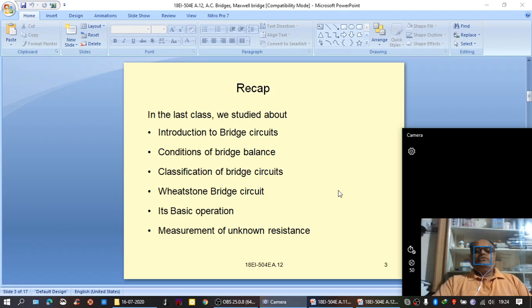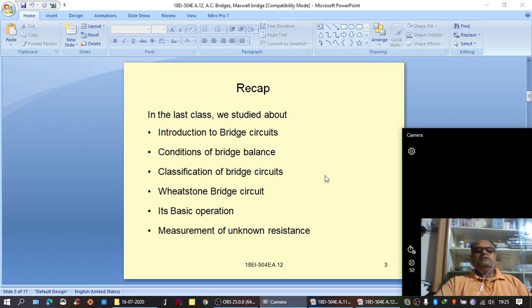In order to find the unknown resistance, it is placed as the fourth arm in the bridge, and the bridge is balanced by using a potentiometer in the third arm. By applying the condition for bridge balance, that is R1 Rx equals R2 R3, we can find out the value of unknown resistance Rx as Rx equals R2 R3 by R1. Till that we have seen in the last class.